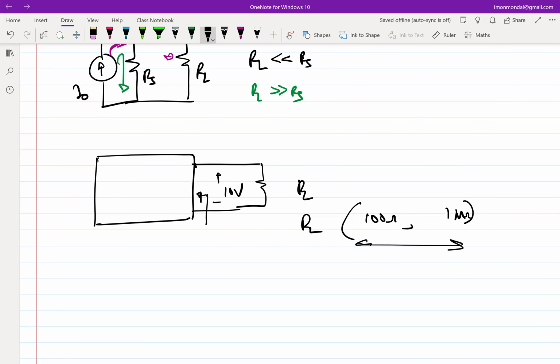Whatever resistance you are looking into the port, that essentially means open circuit resistance or Thevenin equivalent resistance, or finding out any resistance inside a port that you have done in your earlier courses. I presume you have done finding out resistances of a network. So whatever equivalent resistance you are looking at, if we call it Thevenin equivalent, all you have to ensure, if you are trying to build a voltage source, is that the Thevenin equivalent resistance is much lesser than the load that you are driving.